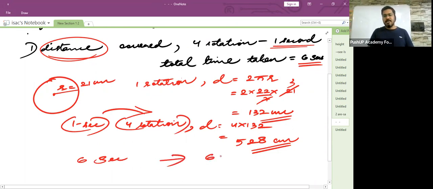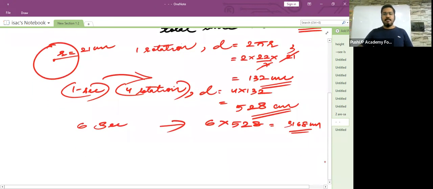So in 6 seconds, the total distance covered would be 6 into 528, which is 3168 centimeters. Got it, children? Distance is in centimeters. Children, did you all follow it?